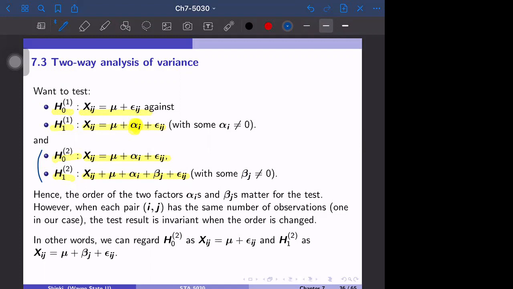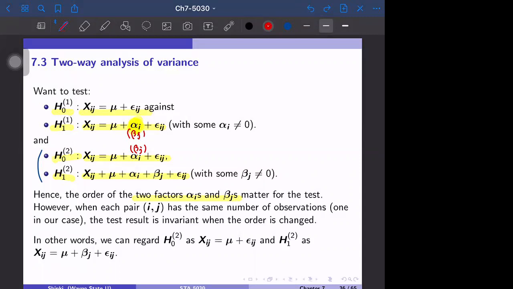So this means the order of the factors matters: first one is alpha i or first one is beta j. So the alternative testing scheme is we include beta j first, and the second test is for alpha i.